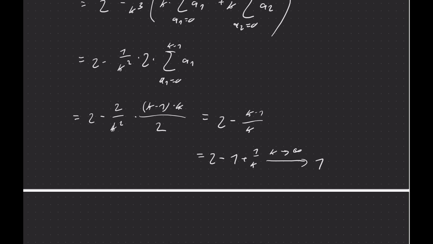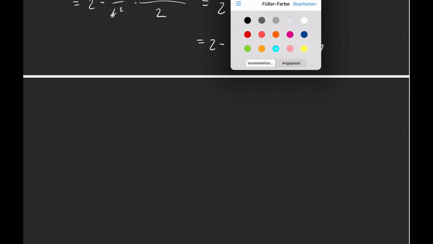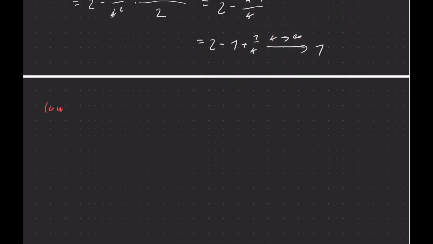Next, we have a look at the lower Riemann sum, and you find this is almost the same thing. So what happens here? Sigma minus of f and p.